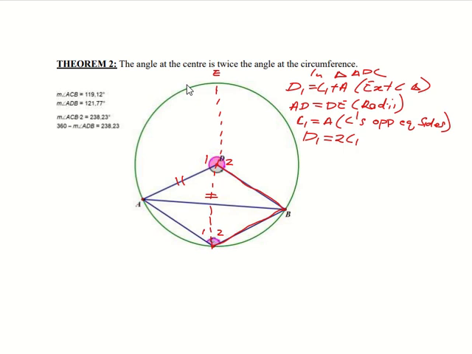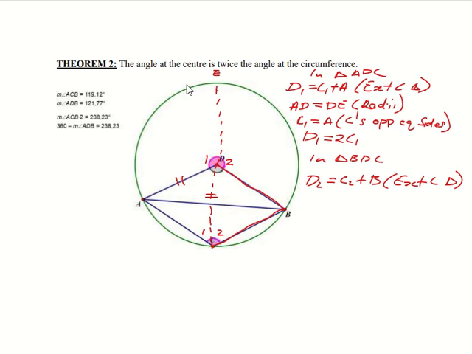And then in triangle BDC, so here's BDC, we have that D2 is equal to C2 plus B, and that is the exterior angle of a triangle.